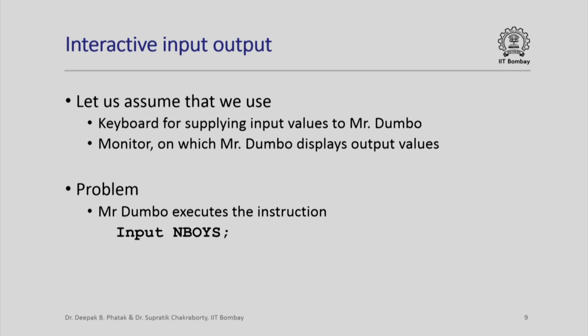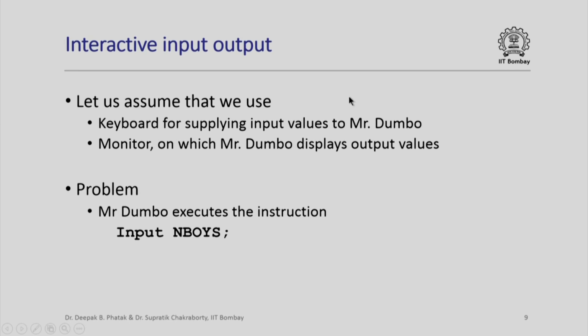Observe that when Mr. Dumbo has to do interactive input-output, he will have to interact with us. We have to give input by using some device, and we have to collect output by using some other device. What devices should we use? Just as we designed an artificial set of drawers for memory of Mr. Dumbo and designed a workbench, we could design something arbitrarily.